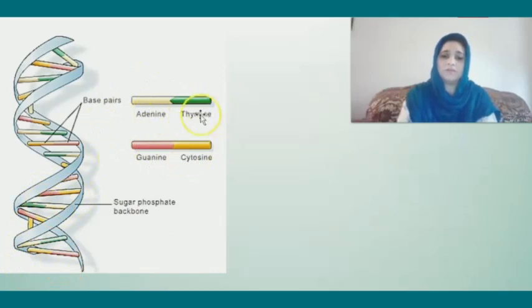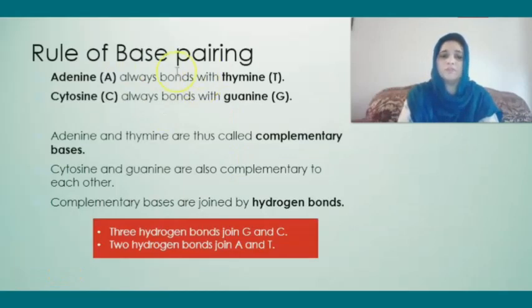Adenine always pairs with thymine, guanine always pairs with cytosine. So the rule of base pairing: adenine always bonds with thymine, cytosine always bonds with guanine. Adenine and thymine are thus called complementary bases. They complement each other. Cytosine and guanine are also complementary to each other.